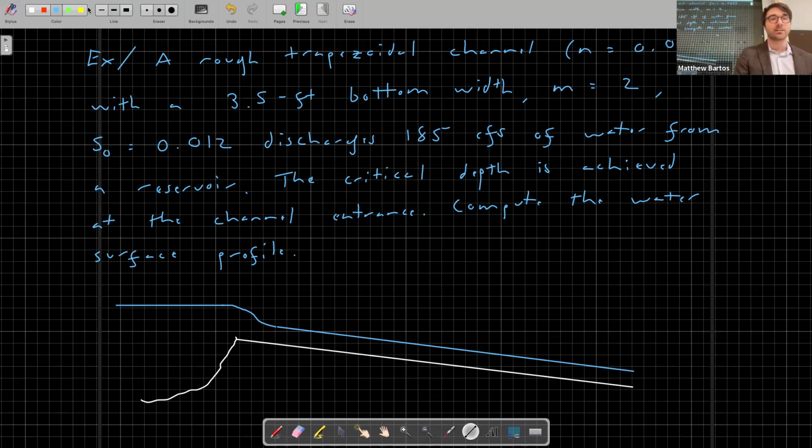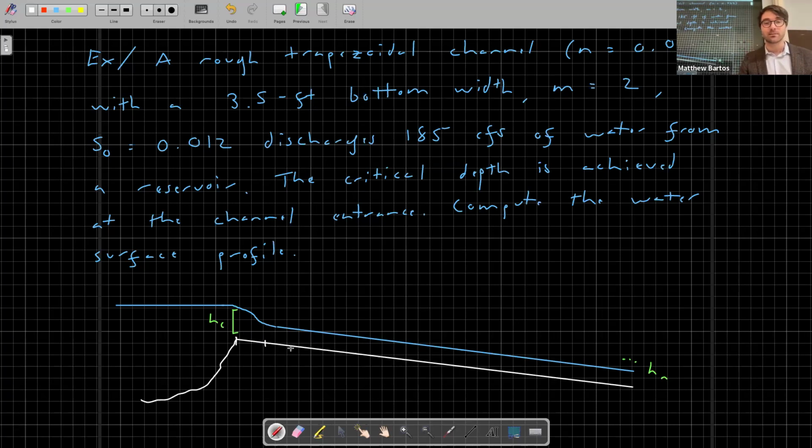And eventually it's going to converge to the normal depth. So we have critical flow achieved right at the entrance of the channel, and we achieve the normal depth at some point far downstream.